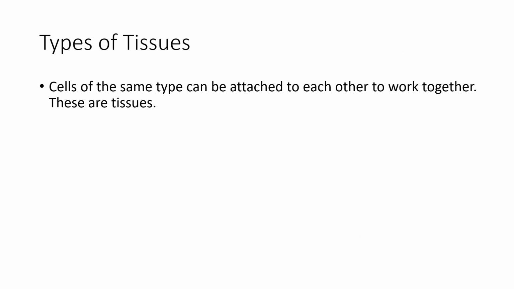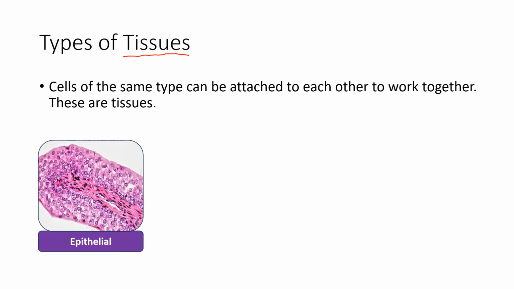The next level of organization within an animal is that cells of various types have to work together. When you have a whole bunch of cells of the same type working together, that's called a tissue. There are four main types of tissues that you can find inside of animals. First is epithelial tissue, like our skin or the linings of organs inside of us, like our respiratory and digestive tracts.